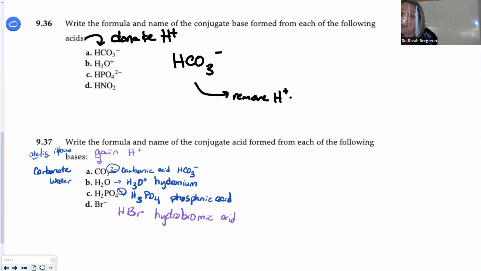So then what does that turn into if I take away the hydrogen? It turns into just CO3, but what else has to change? The charge has to change. So if this was negative and we lose a positive charge, what charge do we become?